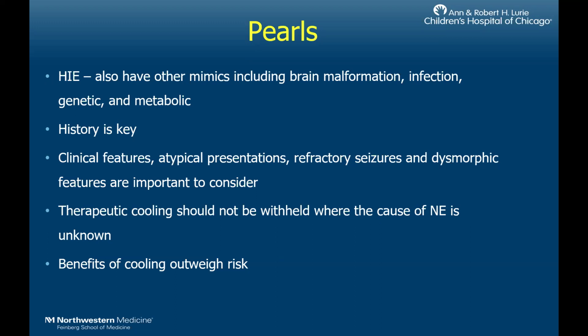Genetics, especially if there are other malformations or structural abnormalities, infection, and atypical clinical presentations such as continuous refractory seizures or dysmorphic features are important to elucidate from the medical history chart. And therapeutic cooling should not be withheld when the cause of the encephalopathy is unknown, as the benefit of cooling outweighs the risk.